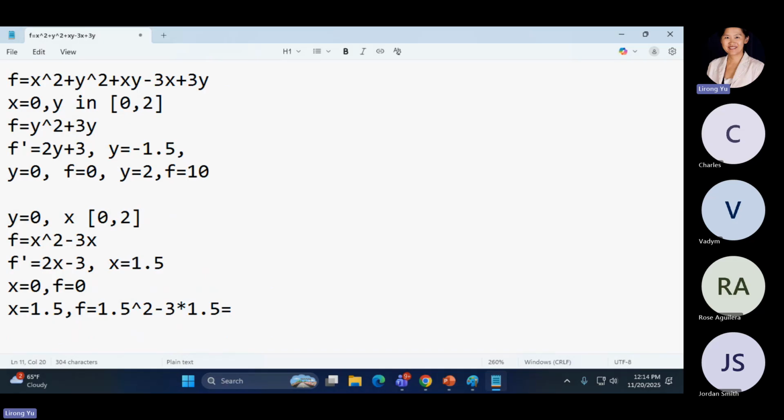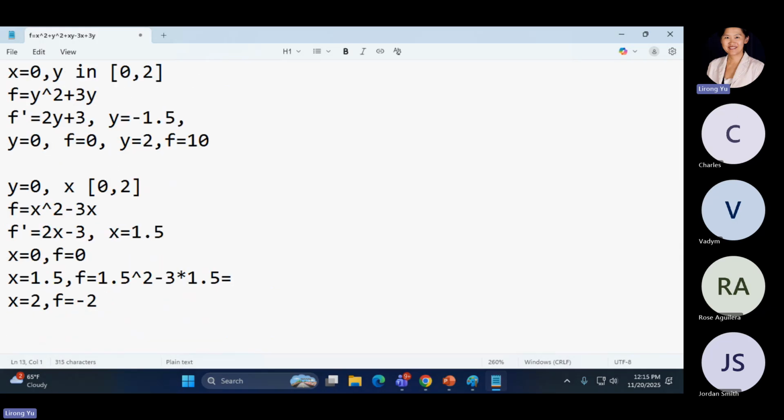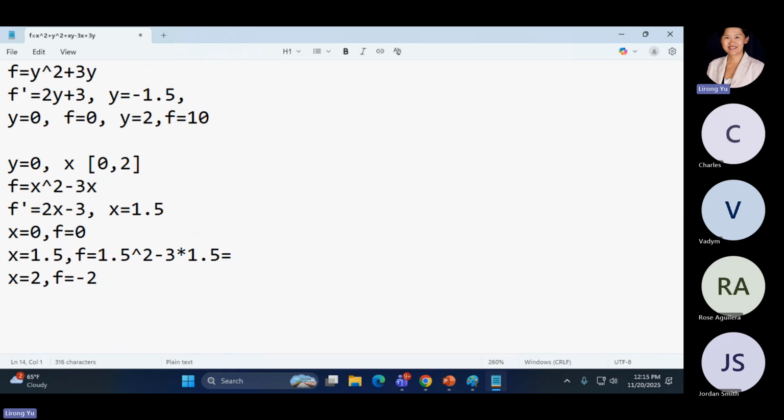This might be a minimum point. And then x equal to 2, where you have f equal to 2 squared minus 3 times 2, which is negative 2. So those are the candidates on this edge, and then we'll find the maximum on the last edge.